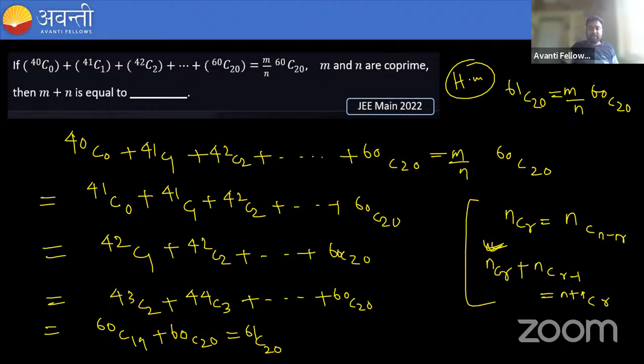So on the left hand side we are getting 61C20, and on the right hand side we are having m by n 60C20.